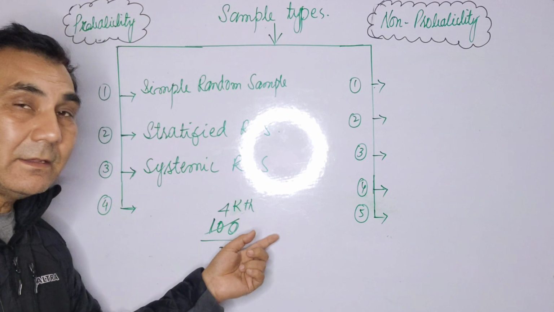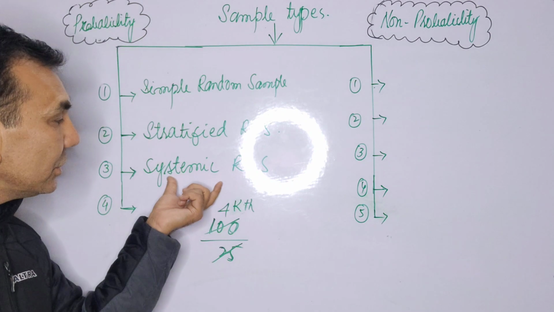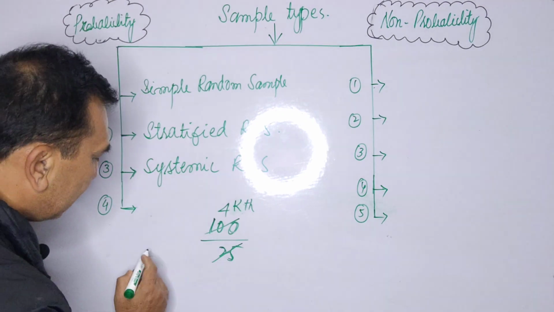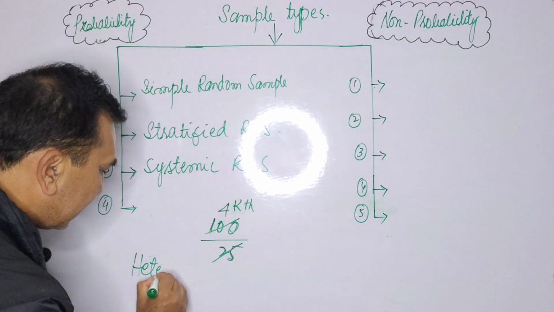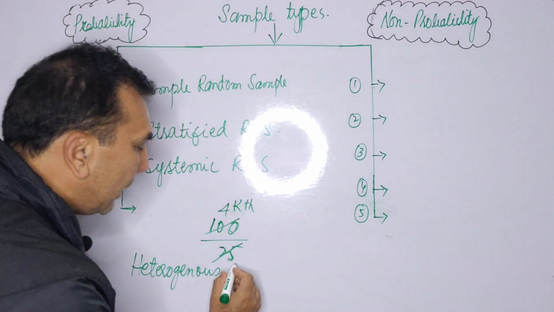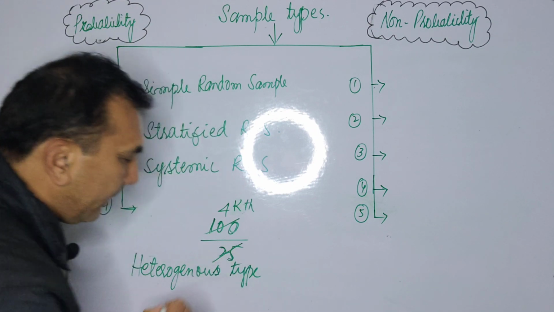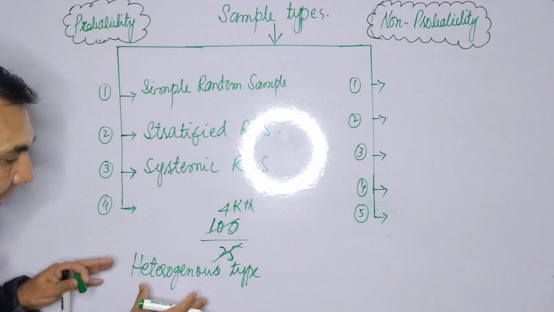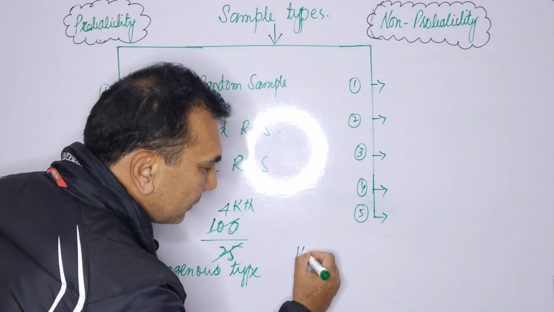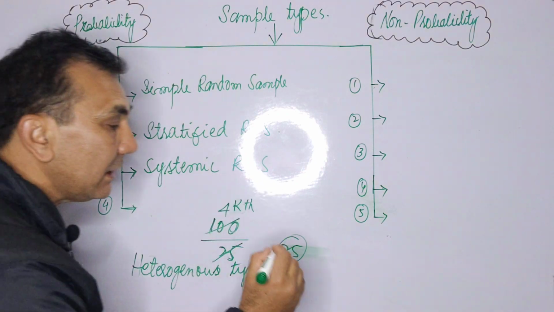But before selecting, he converts the homogeneous population into a heterogeneous population. So in systematic sampling you should convert the population into heterogeneous type. Okay. Now when the population is heterogeneous, you select the 25 sample size at every kth.